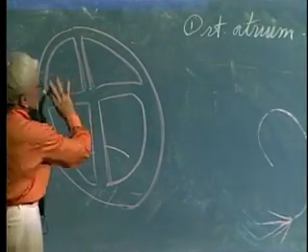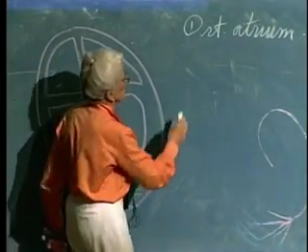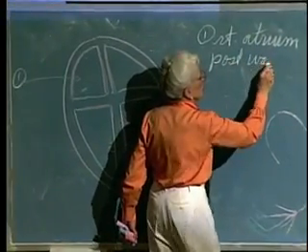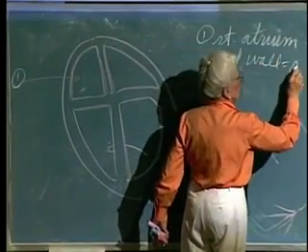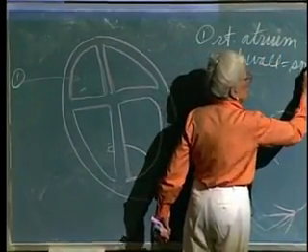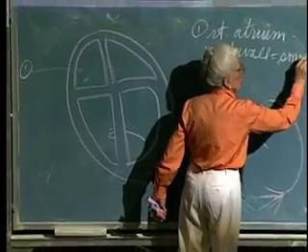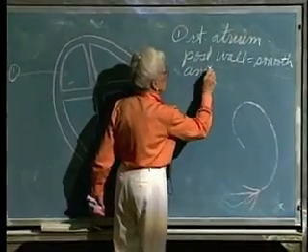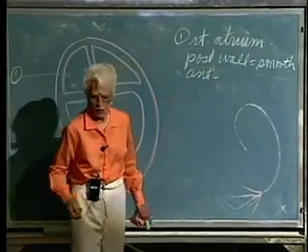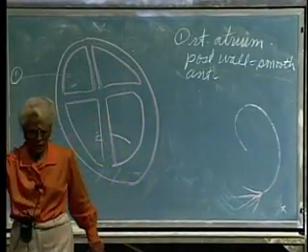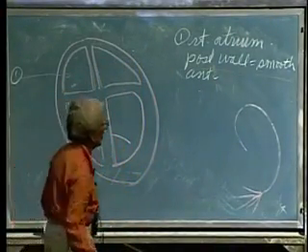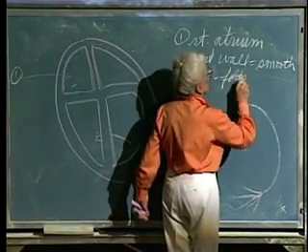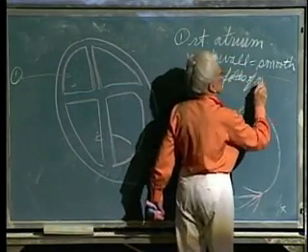The posterior wall of the right atrium will be smooth. The anterior wall of the right atrium will have folds of myocardium in the wall. Folds of myocardium.